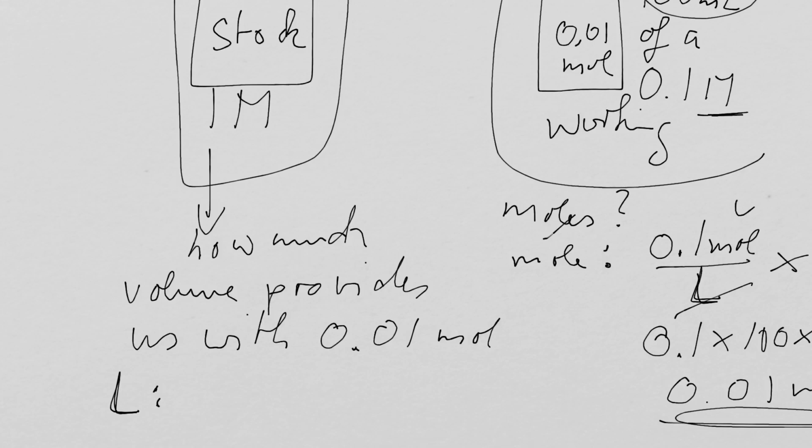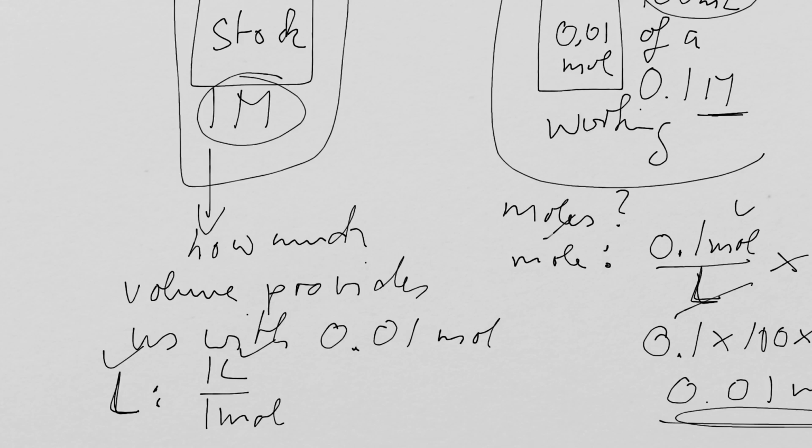Do we have liters here in the stock? The unit liter. Who finds the liters? We have it here. We have 1 liter per 1 mole. So liter is good. Do we have mole that we can cancel?